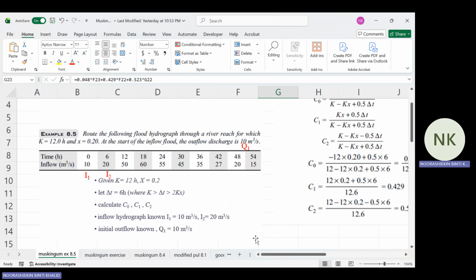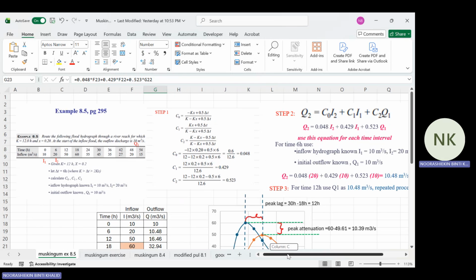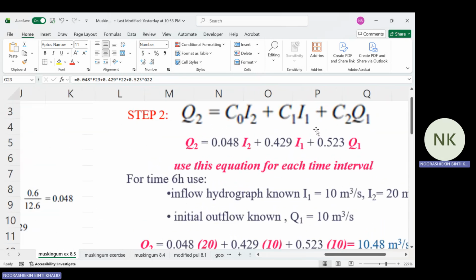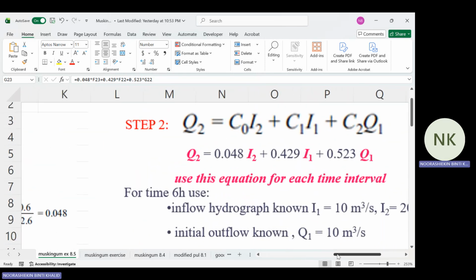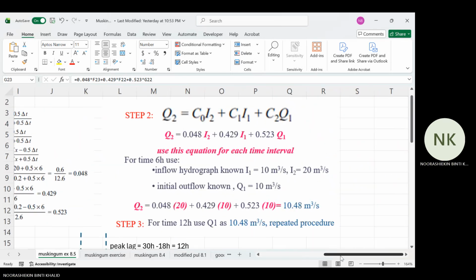Then step number 2, I build the equation for Q2 using C naught, C1, and C2. So this is the equation. Use the first values, I1 equal to 10 and I2 equal to 20, put into the equation, and I get Q2 equal to 10.48 meter cube per second.